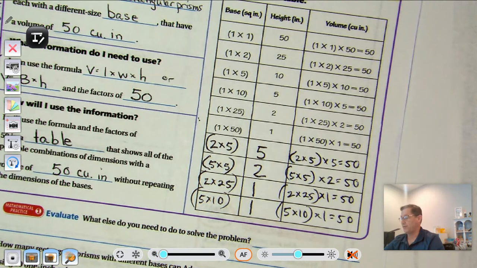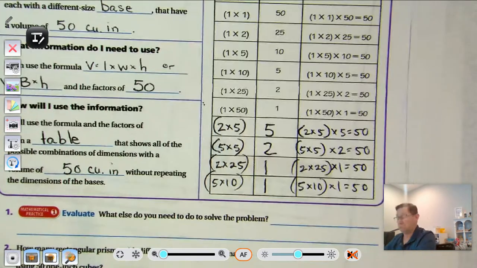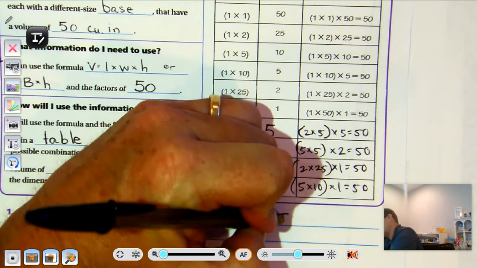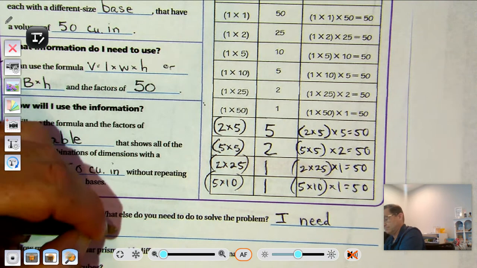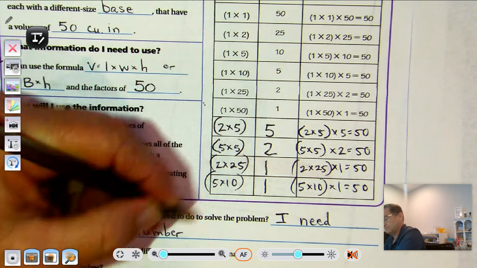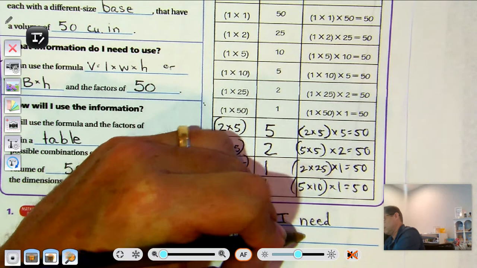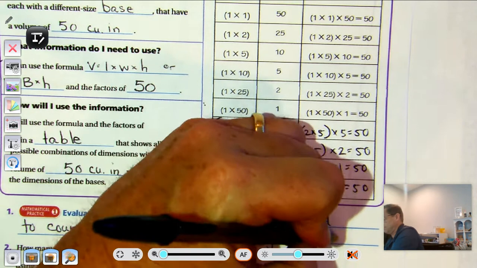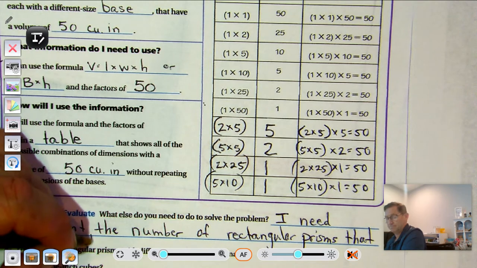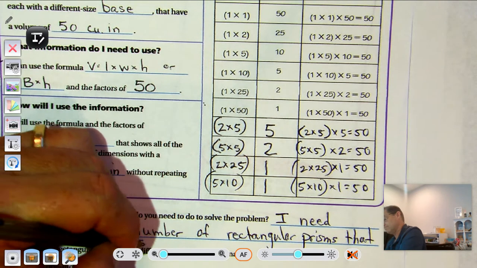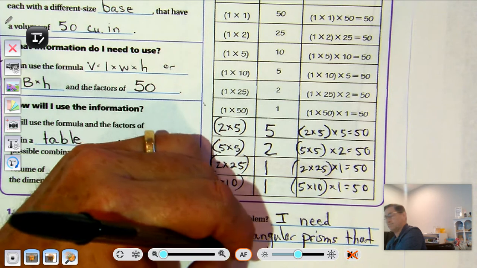Okay. So what else do you need to solve the problem? Well, we don't have to count up all the different possibilities. All right.